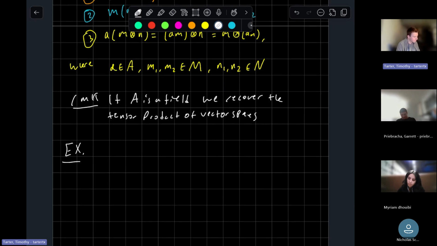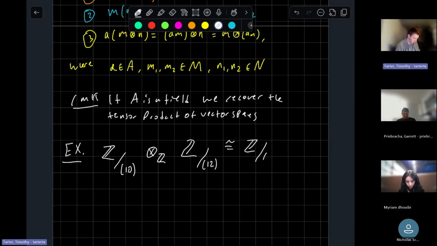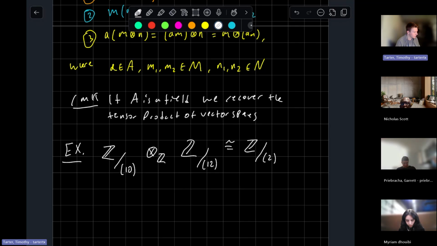As an example, we want to show that Z quotient the ideal generated by 10, tensor producted with Z quotient the ideal generated by 12, is isomorphic to Z quotient the ideal generated by 2.